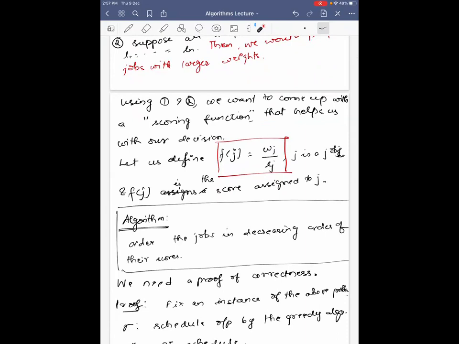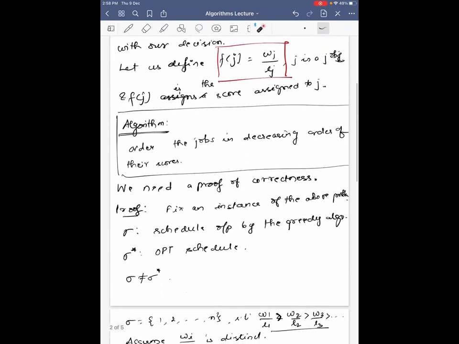Typically you would want to come up with several heuristics that might encapsulate your intuition, and then start ruling out one after the other until you are left with the one which you think might work. That then needs to be formalized through a proof of correctness.